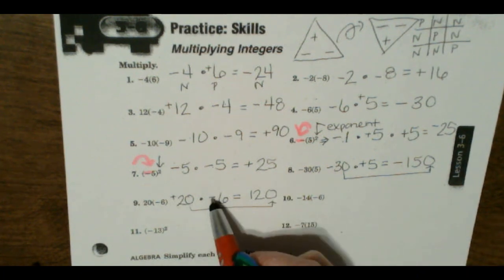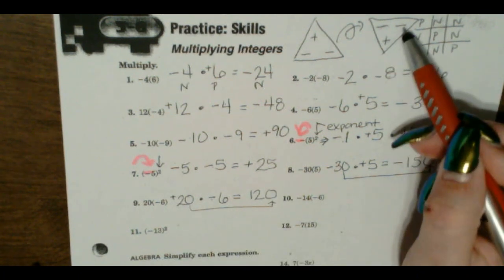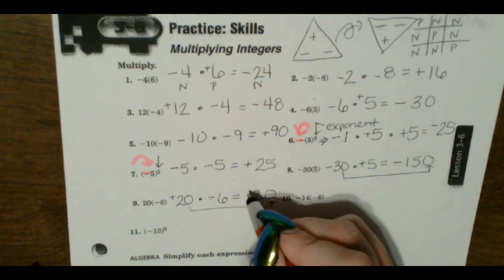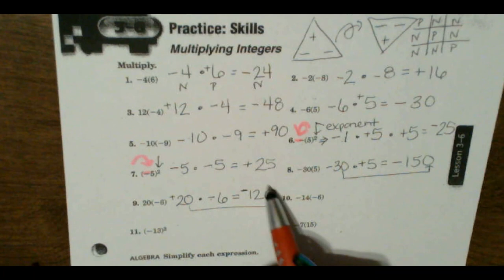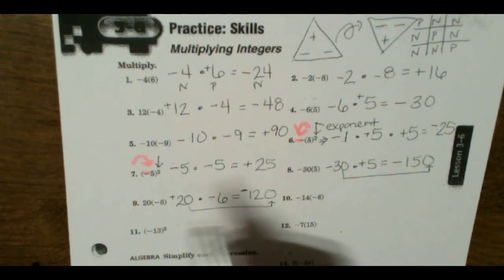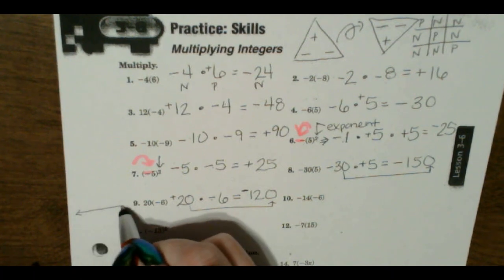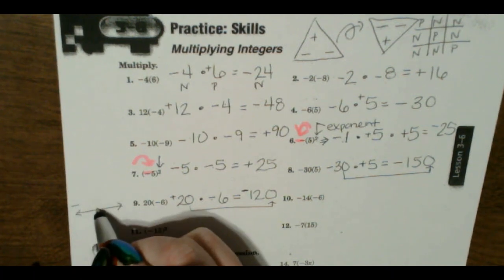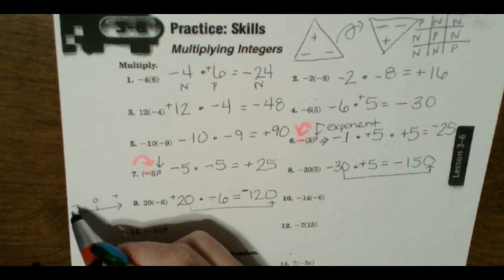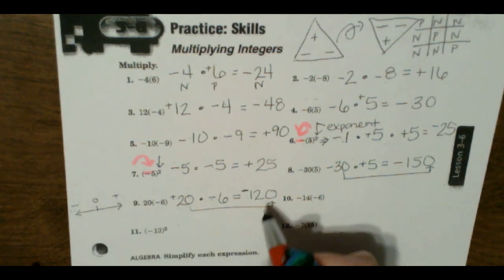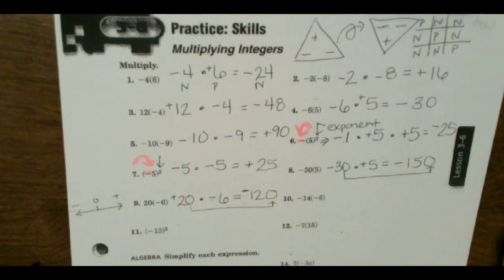A positive times a negative is a negative. Because if you don't put that negative on your answer, that changes our whole entire answer. Because if you think of a number line, negatives are to the left of the 0, positives are to the right. So these are two sides of the number line, two completely different answers.